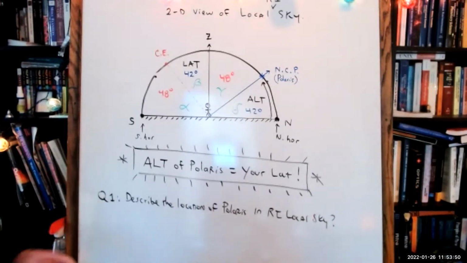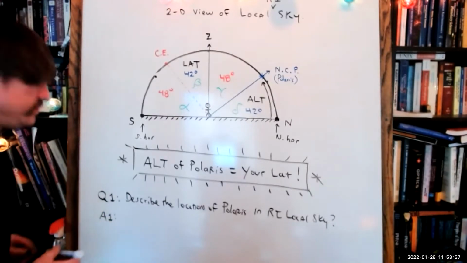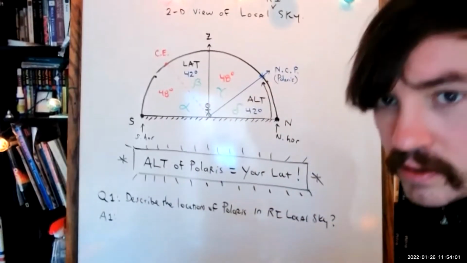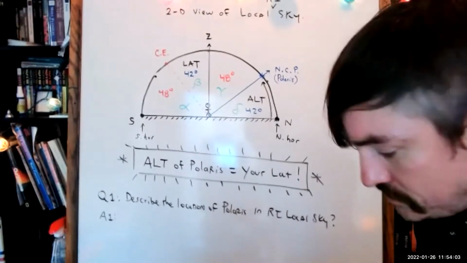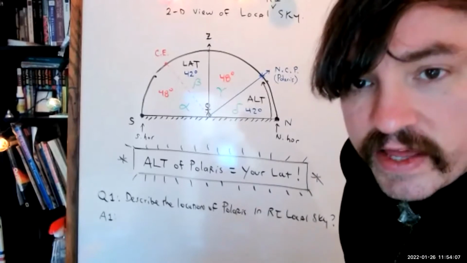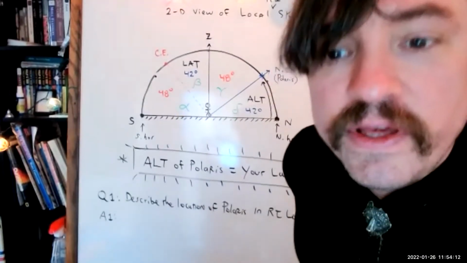Well, what's the answer? Polaris is the same latitude. Huh? I'm sorry, could someone say that? Who's that talking? Because your microphone is so loud, it sounds like you're talking like this.